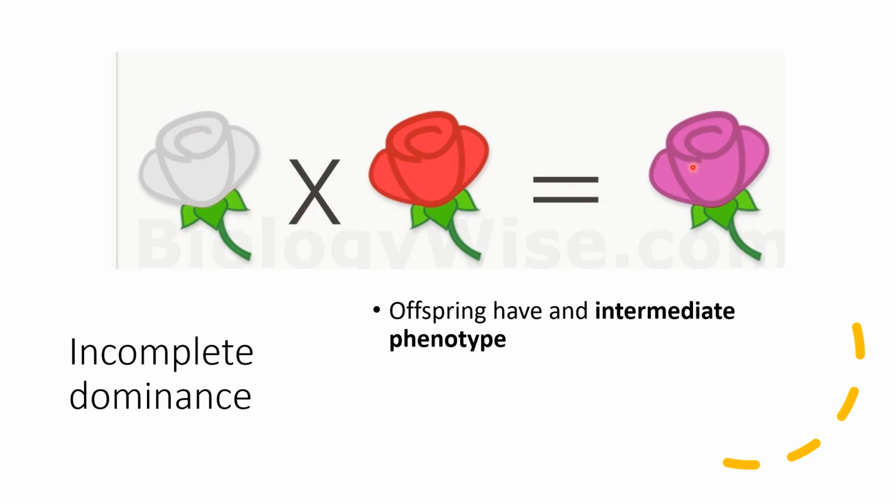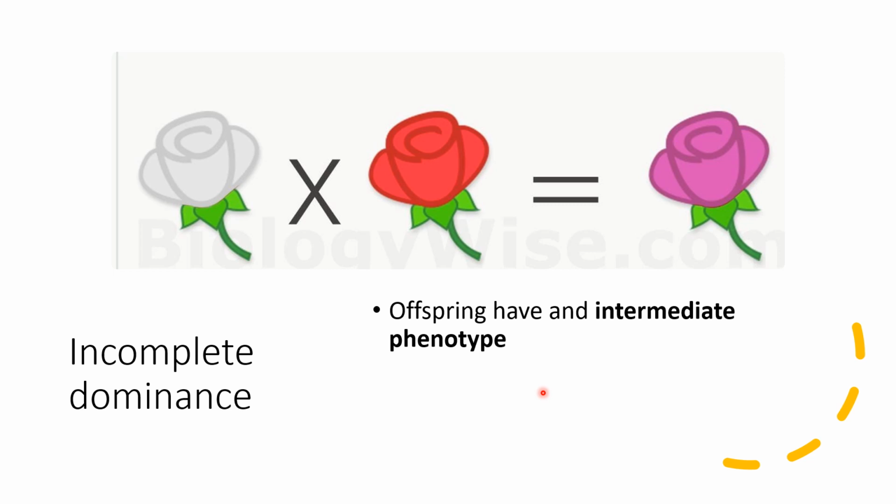But the offspring is not red and it's not white, but pink, which is in between red and white. So that's why we say the offspring will have an intermediate phenotype. That's why the offspring are all pink. It's because pink is in between red and white.